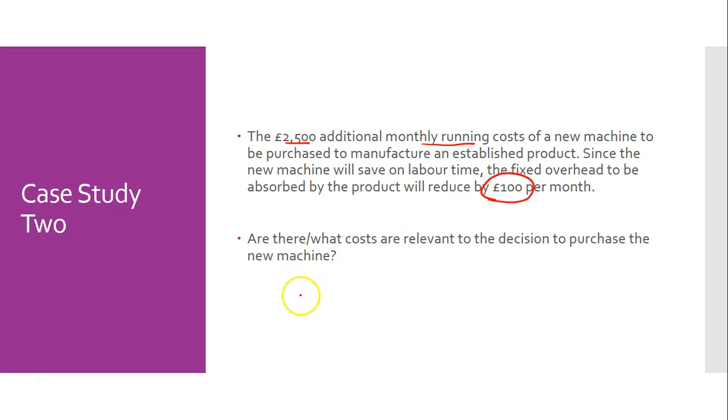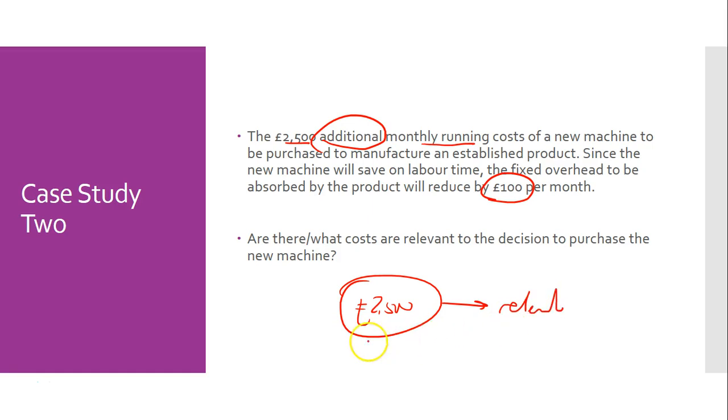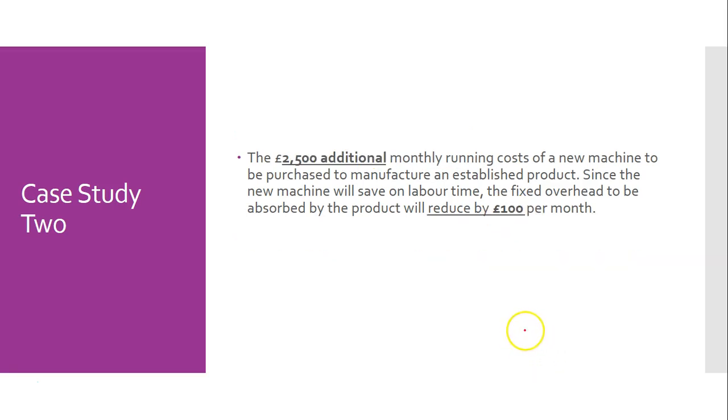So yes, we're talking about additional here. So yes, the 2,500 is a relevant cost, and the £100 that you're saving is also a relevant cost. So if you like, you can argue that the net cost is 2,400, isn't it? This is the cost, and this is the saving.